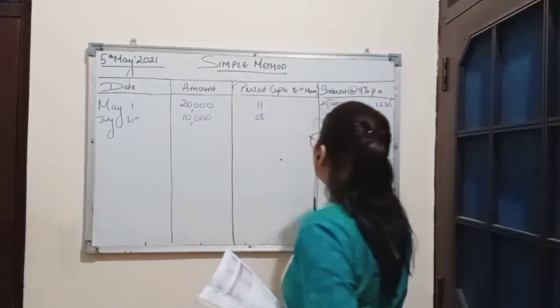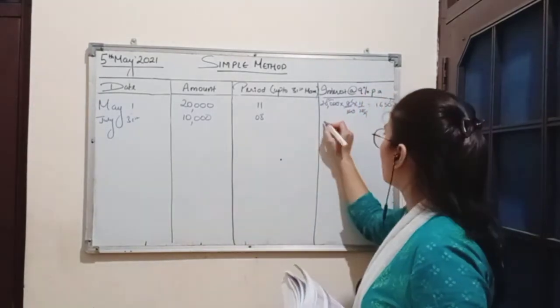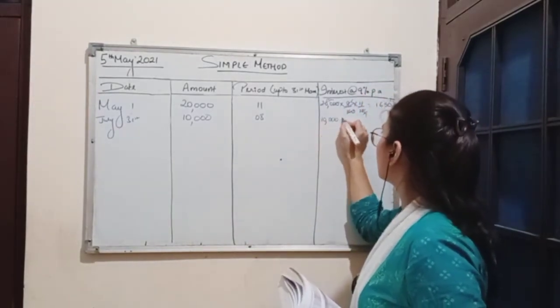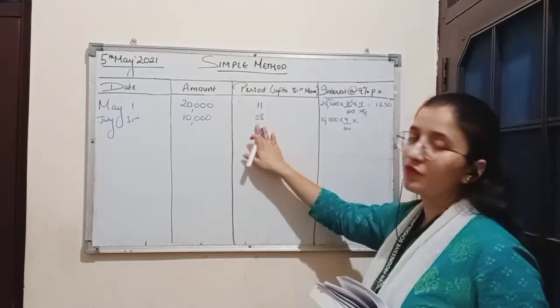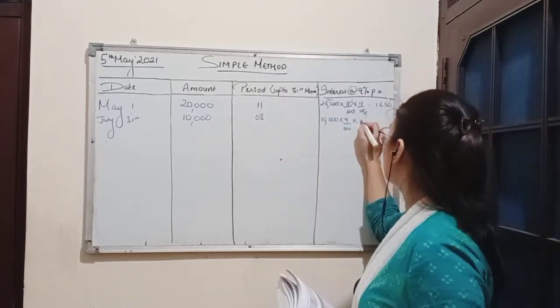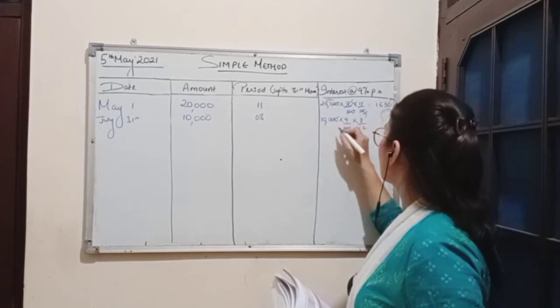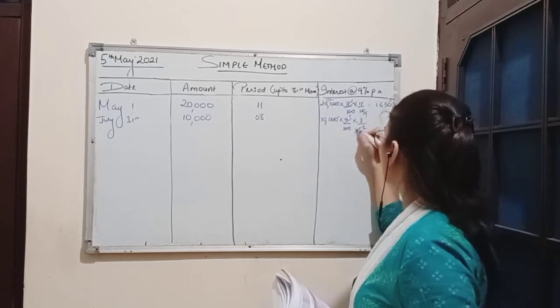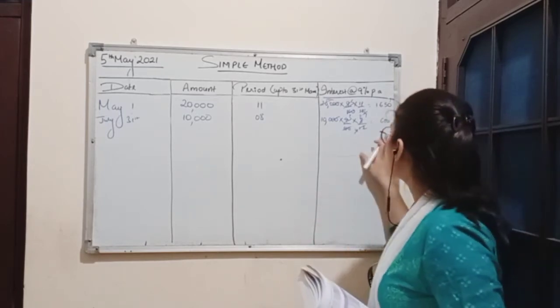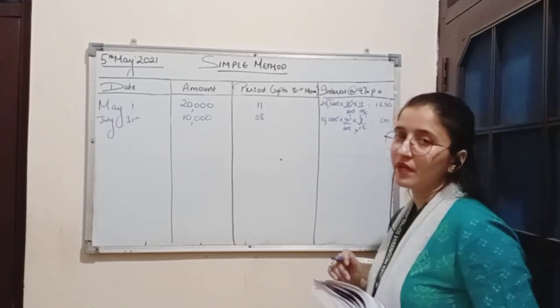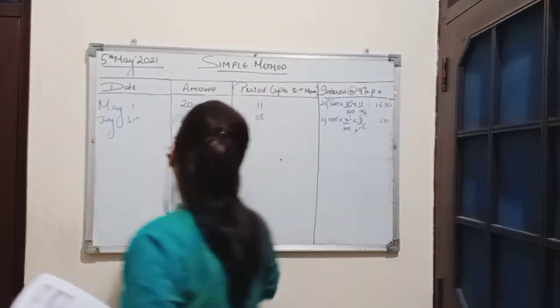Now we will provide the interest on the amount 10,000. The rate is 9% and the period is 8 months. By calculating this, we get the amount 600. So 600 is the interest on drawings to be paid by Charu for 8 months.